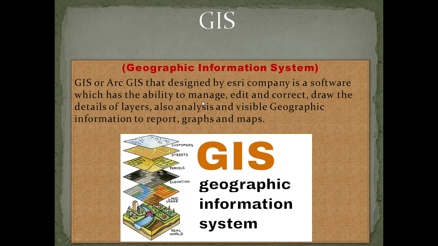In this definition, what is the main goal of manage, edit and correct? We manage our data in our catalog and then we are going to digitize our data in ArcMap. Also, what is the main goal of analysis?